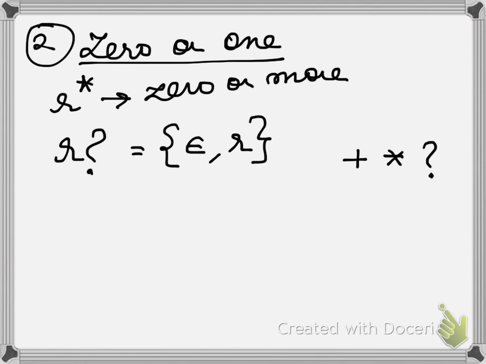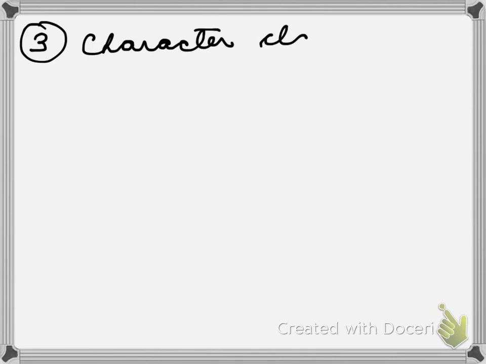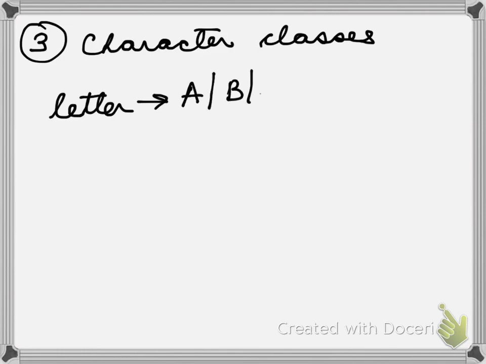The third extension is something called character classes. We have seen in our example earlier when we wrote letter. What is a letter? Letter is capital A, capital B up to capital Z, then small a, small b up to small z.